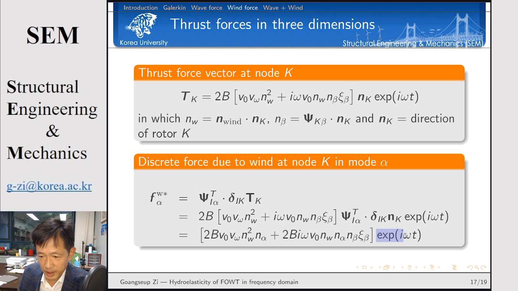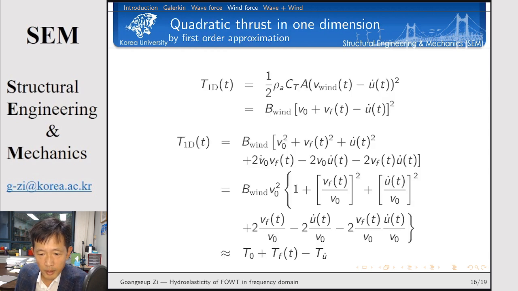So again, we have exponential terms, so we can drop the exponential term. We can cancel the exponential term from the left-hand side and right-hand side. By the way, note previously I had three different terms for the thrusting force. But make sure that the first term is constant. That's why the behavior of the structure associated with the first thrusting force should be calculated from a static analysis.